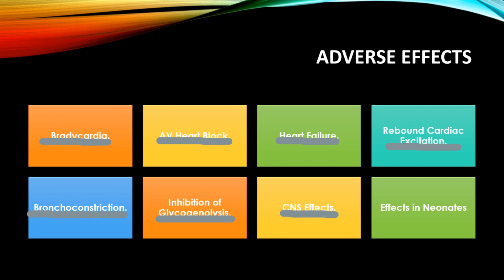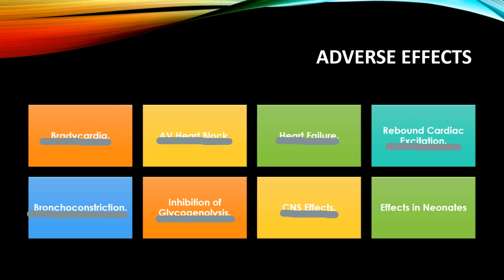It can also have CNS effects. Because of its lipid solubility, propranolol can readily cross the blood-brain barrier and has access to the CNS. It can cause depression, nightmares, and hallucinations.